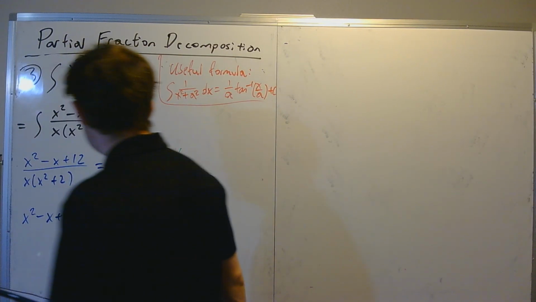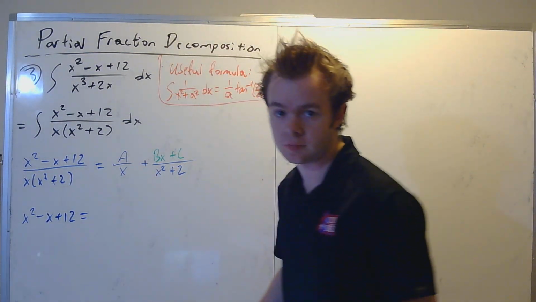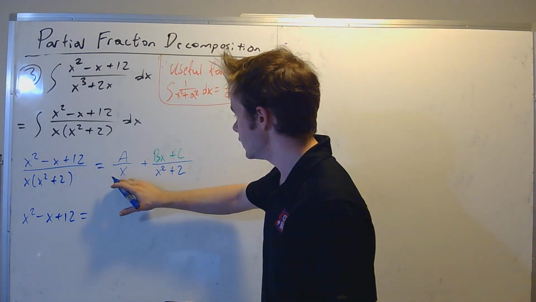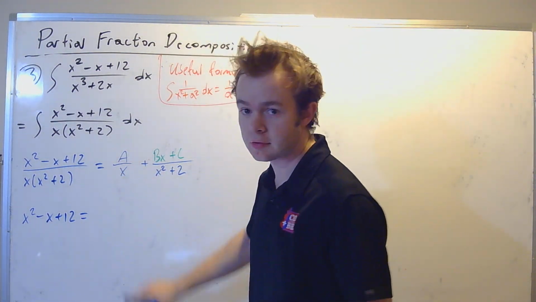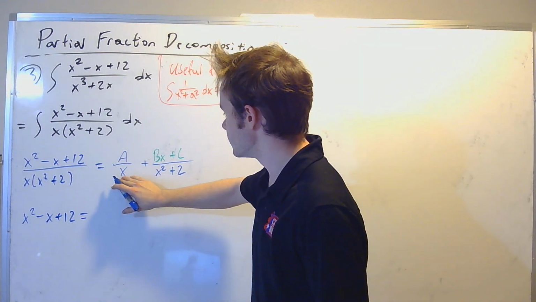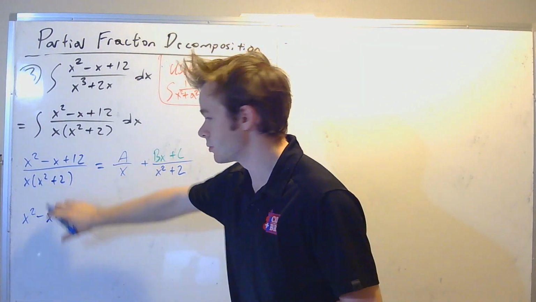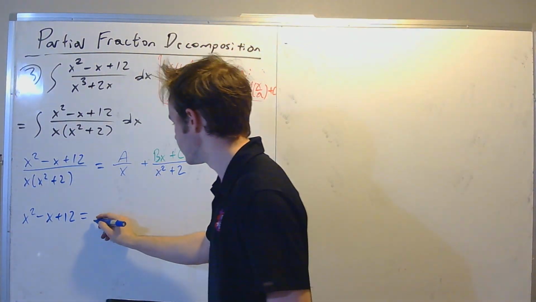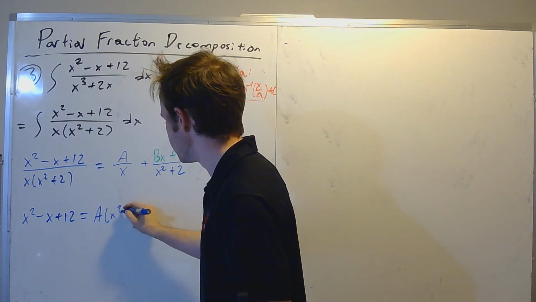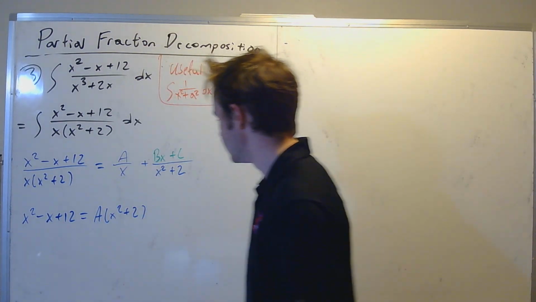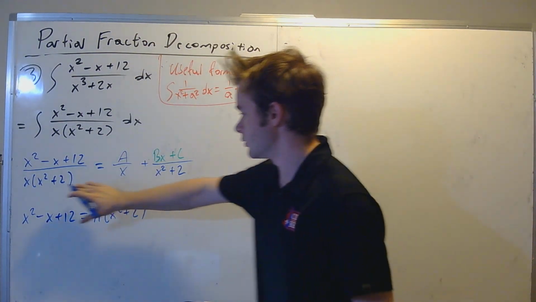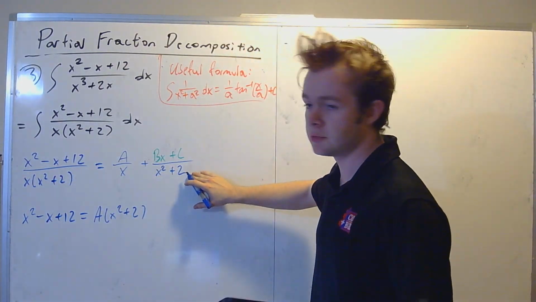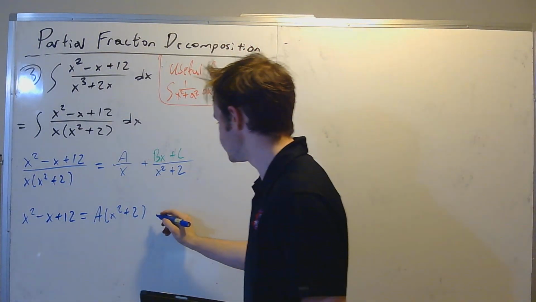So now the numerator on the left is equal to, we're just trying to combine the two fractions. To combine the two fractions, they have to have the same denominator. So you need to multiply both sides of this by x squared plus 2. So a times x squared plus 2. And to make this denominator the same as this, you need to multiply by x.